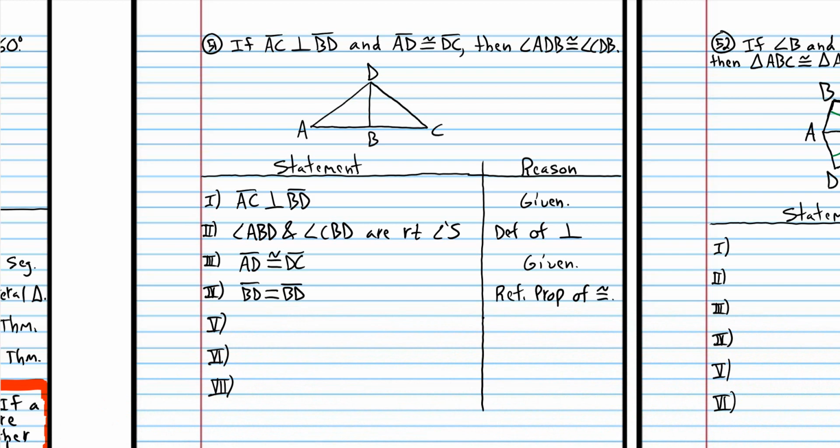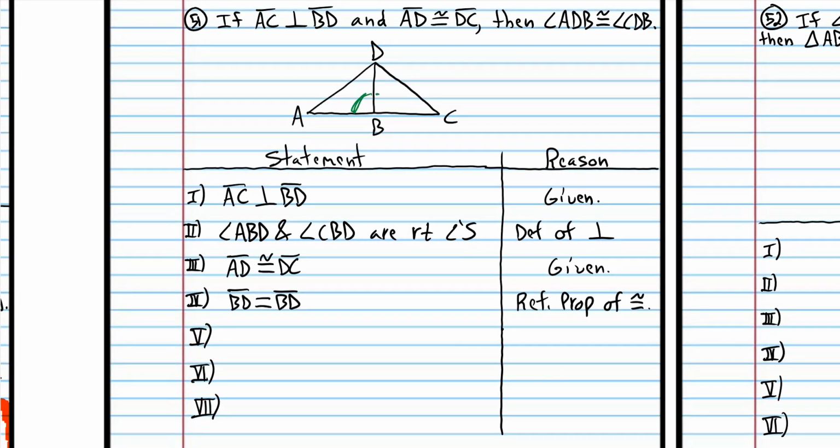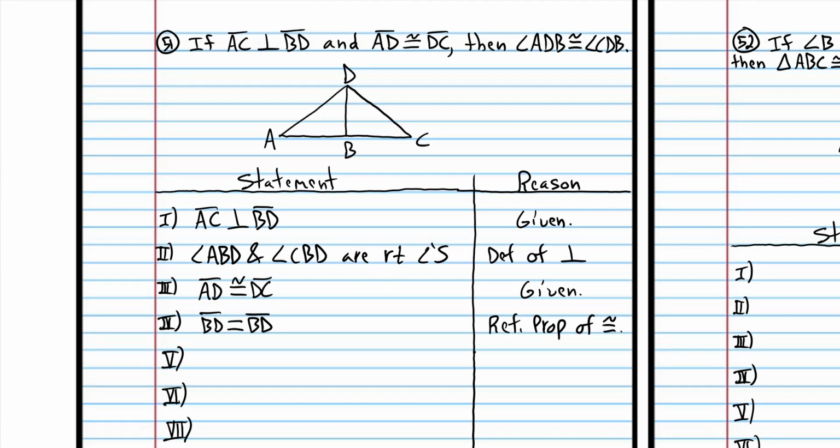So with all that information, we can see that these are right triangles for one thing, because these are right angles. So we're dealing with two right triangles. This triangle and this triangle, they're both right triangles. And we know that the hypotenuses are congruent because we were told that AD is congruent to DC.